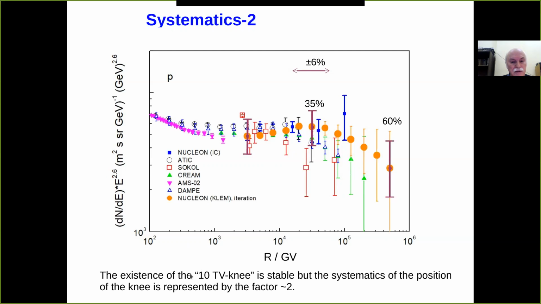But the existence of the 10 TeV knee is stable against the systematic uncertainties, while the systematics of the position of the knee is represented by a factor of about 2.